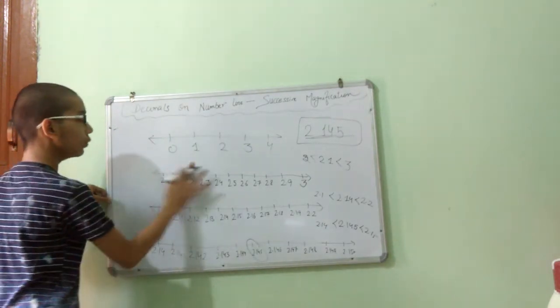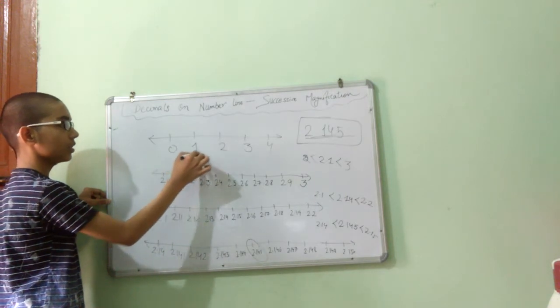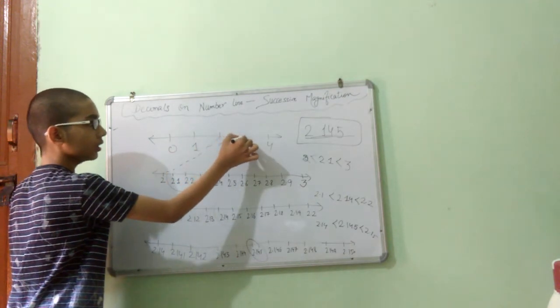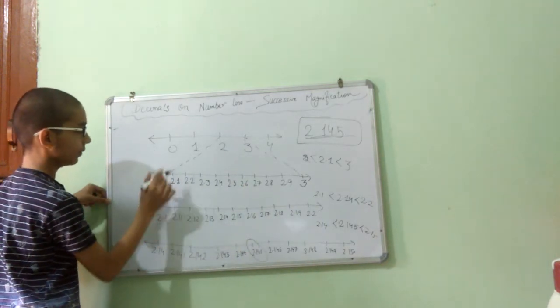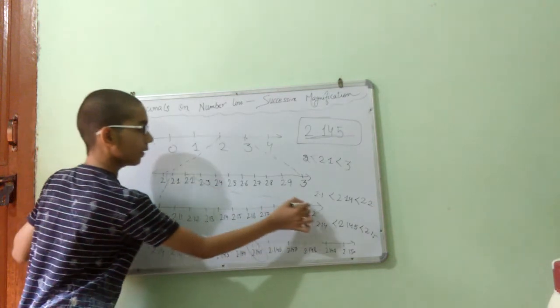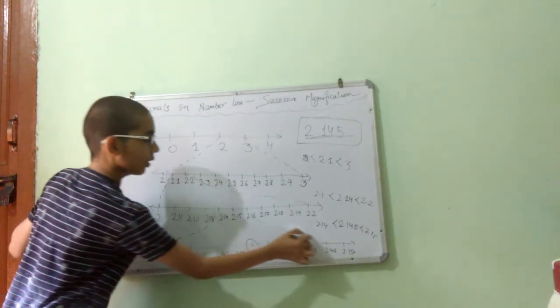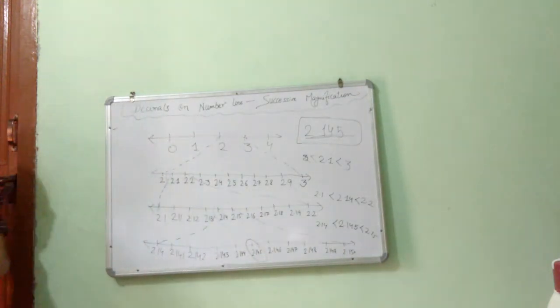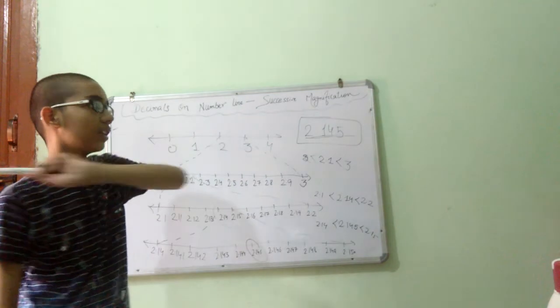And how do we connect all these number lines? See, join this, okay, in this way by the dotted line. Okay, 2.1 with this and this. Hence it is a number line, and this method is known as successive magnification method.